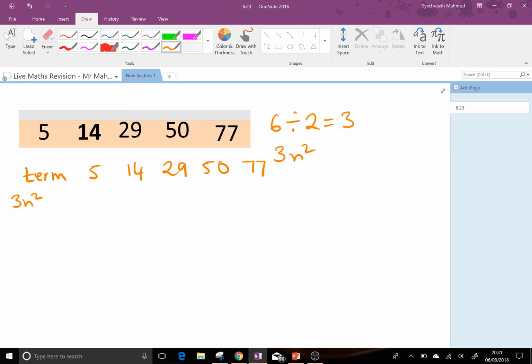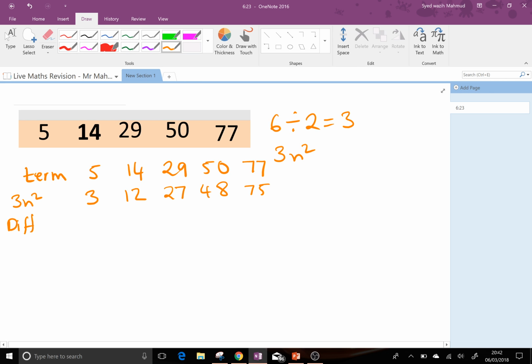So 1 squared is 1 times 3 is 3. 2 squared is 4 times 3 is 12. 3 squared is 9 times 3 is 27. 4 squared is 16 times 3 is 48. And 5 squared is 25 times 3 is 75. Okay, now find the difference between the term and the 3n squared answer.